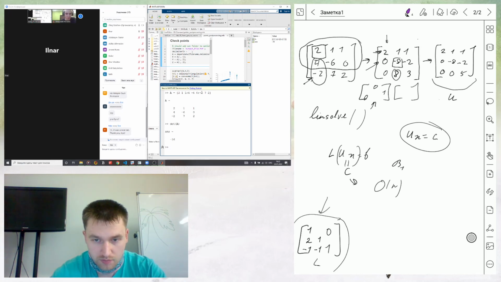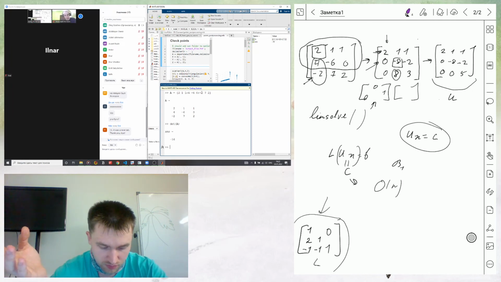No, I got the idea. So again, you want to say that we make factors by Gauss elimination, and afterwards we need to take the main diagonal and multiply them. Yeah, firstly we have to make a triangular matrix, when we have zeros downside the main diagonal.